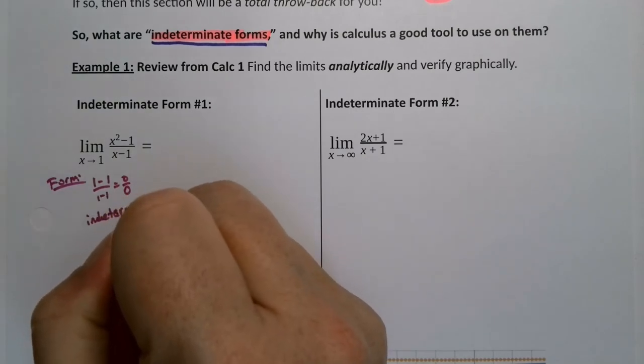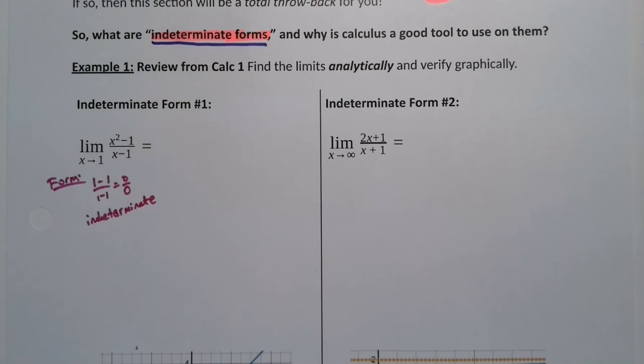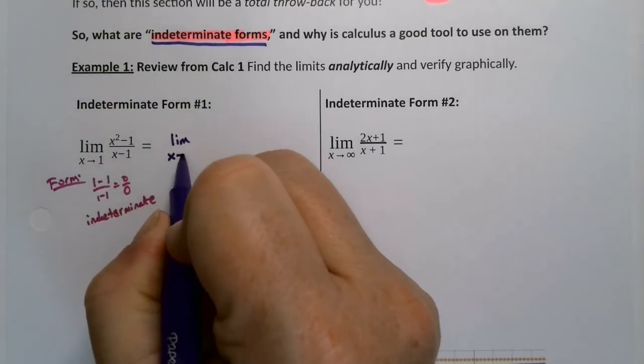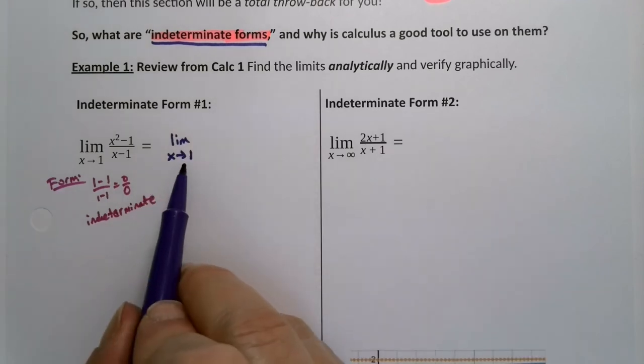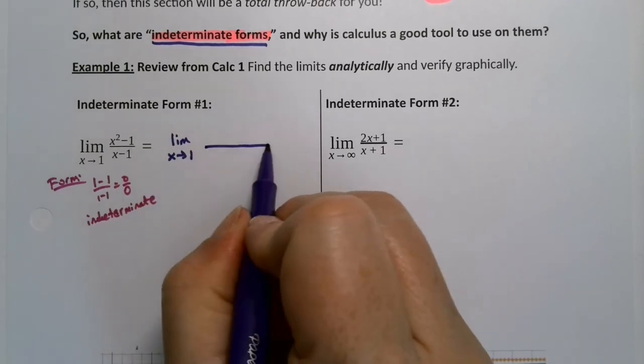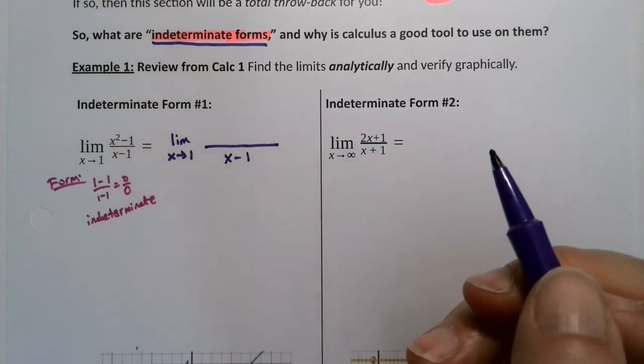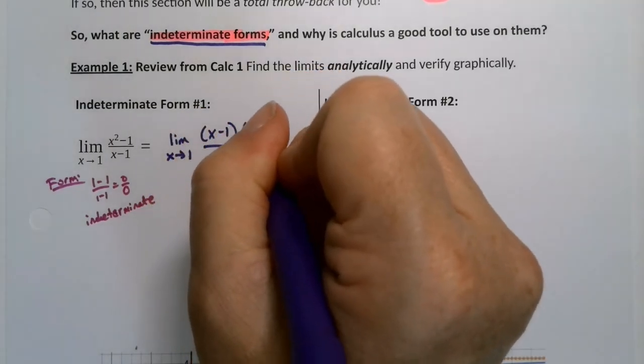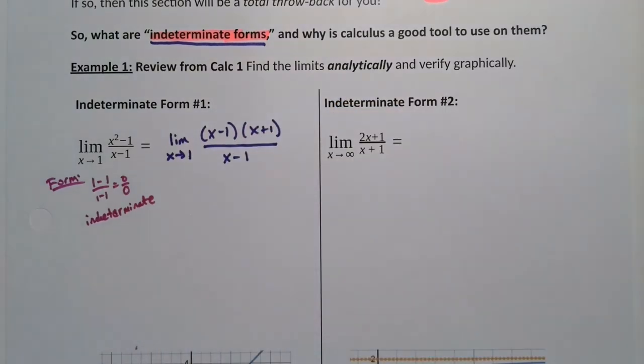Okay, well in Calculus 1, the way we fixed that was algebra. So we say, all right, well I'll take the limit as x goes to 1. Yes, you still have to write that. And then I will use all of my algebra tools in my arsenal, which I have: x minus 1, x plus 1. I know how to factor.